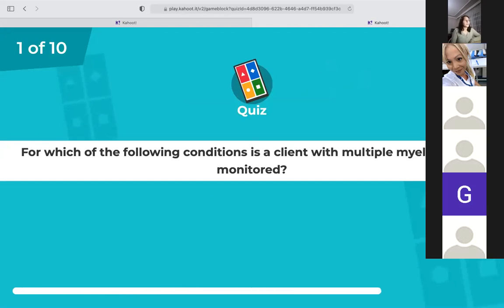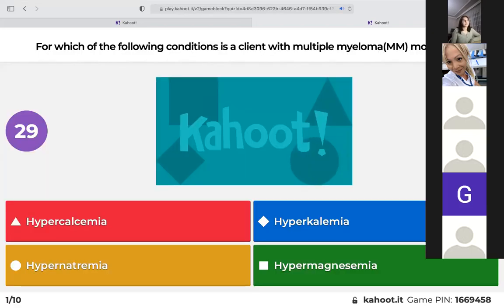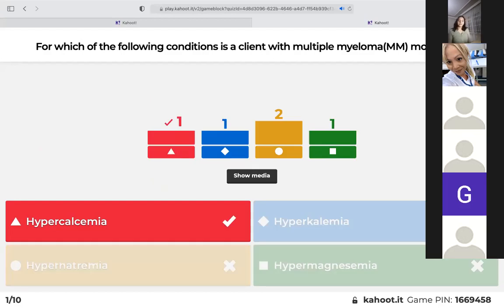For which of the following conditions is a client with multiple myeloma monitored? Hypercalcemia is our answer.